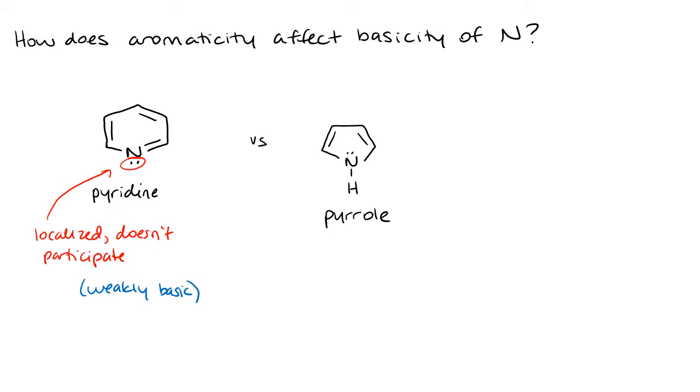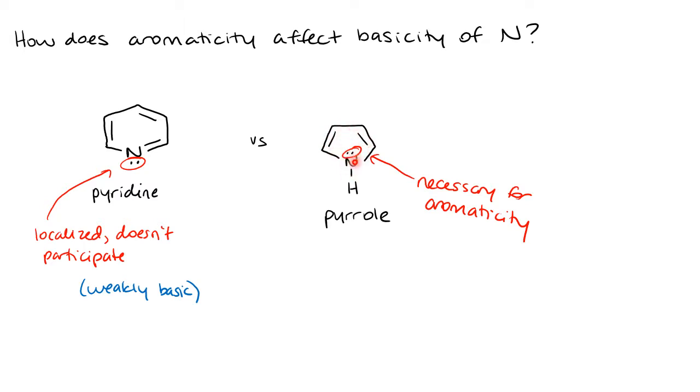However, with pyrrole, this lone pair is necessary for aromaticity. That means the nitrogen has donated its lone pair to the ring, and our total of 6 pi electrons are now circling around the ring in aromaticity.